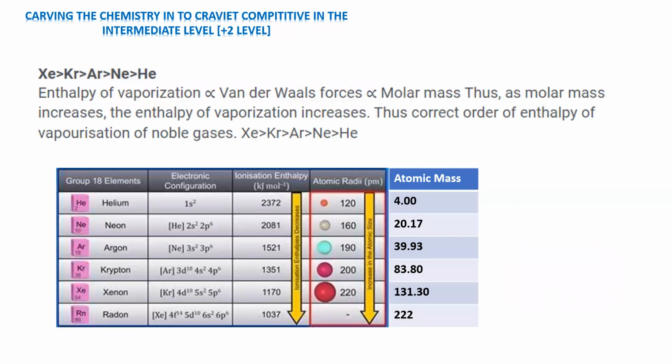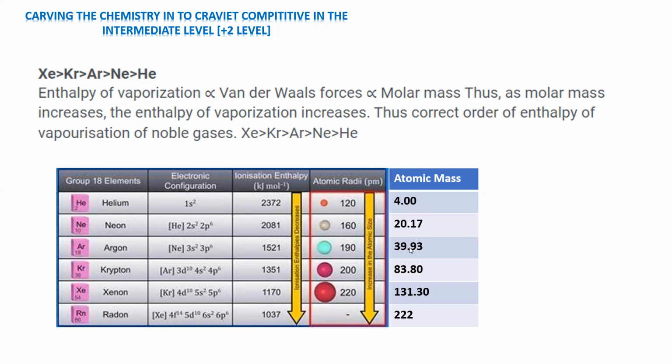Enthalpy of vaporization is directly proportional to van der Waals forces, right? Greater the van der Waals forces, greater the enthalpy of vaporization. Greater van der Waals forces are accompanied by greater molar mass or atomic mass. Helium has an atomic mass of 4, neon 20, argon 39, krypton 83, xenon 131, radon 222.